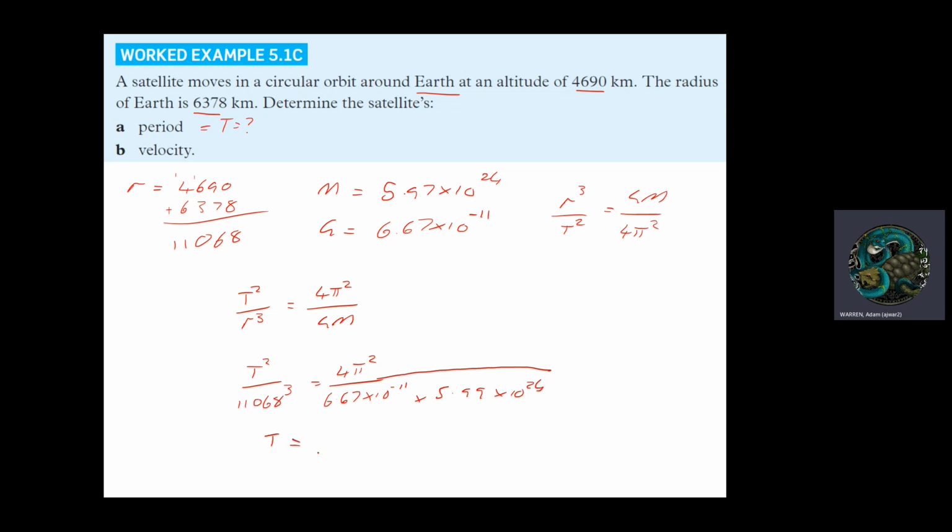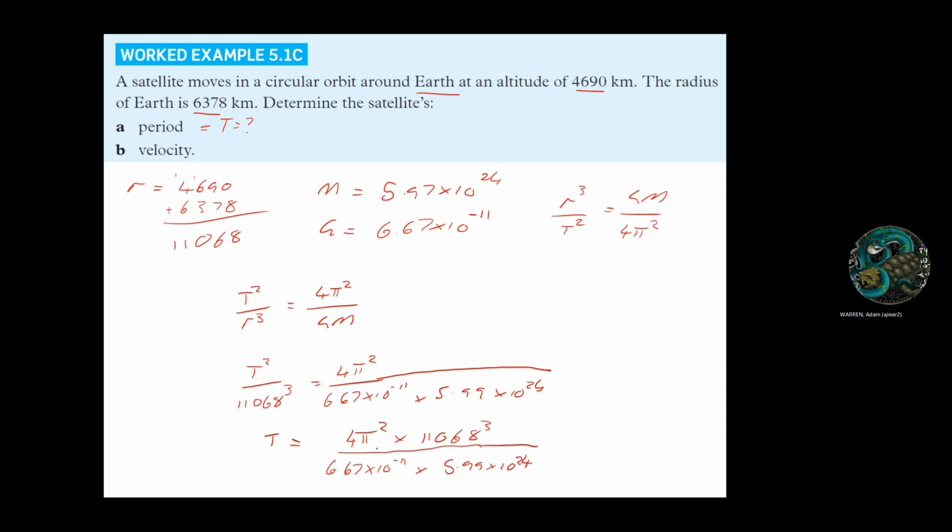I will write out the working to make things clearer for people: 4 pi squared times 11068 cubed, all over 6.67 times 10 to the negative 11 times 5.97 times 10 to the 24, and all of that is going to be square rooted.